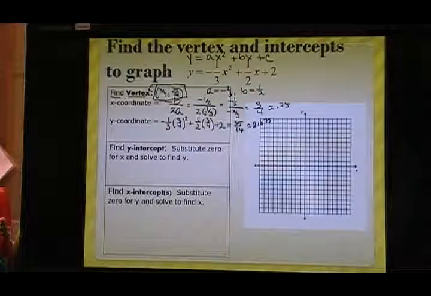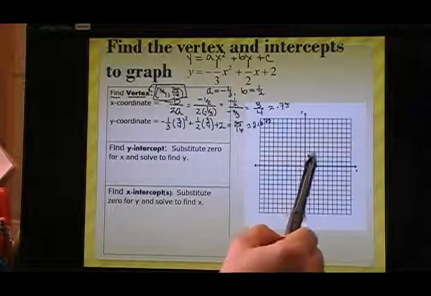So when we place this on our graph, 0.75 is 3/4 of the way to 1, and then up 1, 2, and a little bit. So my vertex should be here someplace. Okay? Then if I'm thinking about whether this should open up or open down, this is your vertex.